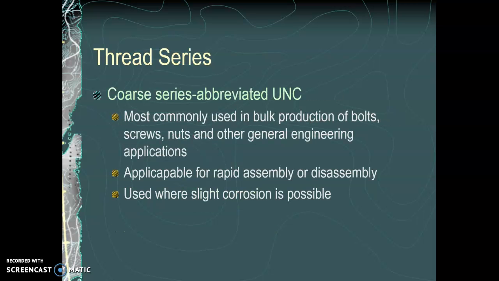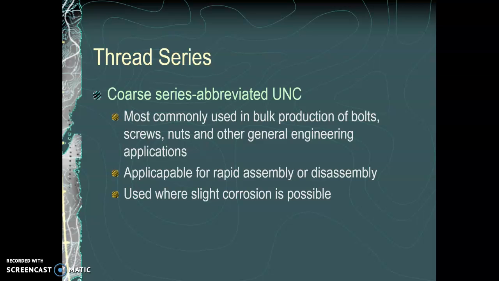So why would you want to have coarse threads? Well, coarse threads are easier to make, so they're cheaper, and because the threads are larger, for every one turn of the fastener, it advances it further. So it makes for quicker assembly or disassembly.